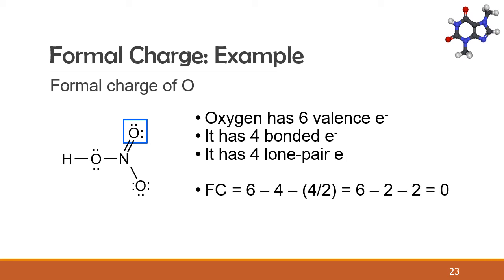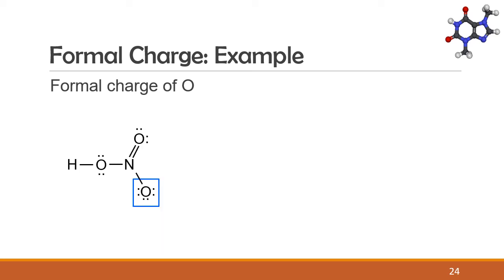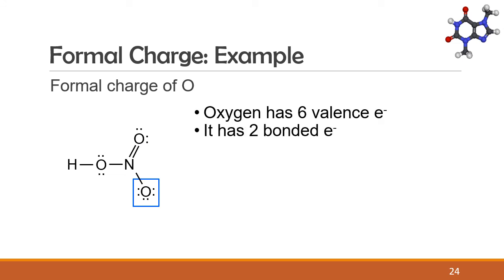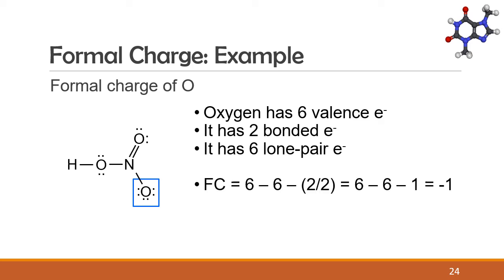Based on the formula, the formal charge of this oxygen is 0. The last oxygen atom has 2 bonded electrons and 6 lone pair electrons. Based on the formula, the formal charge of this oxygen atom is -1.